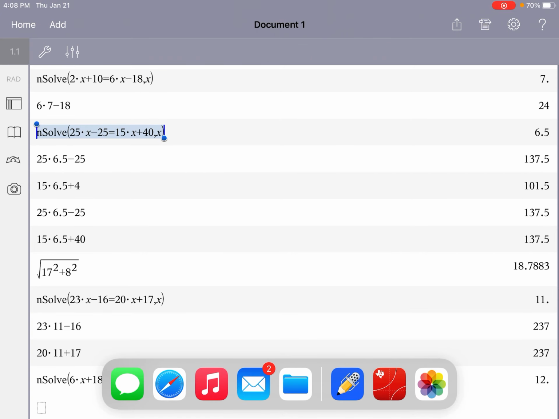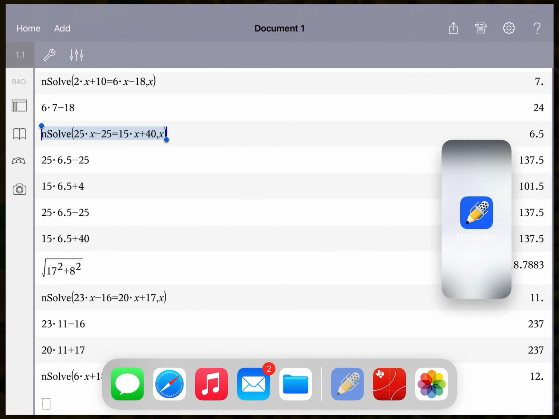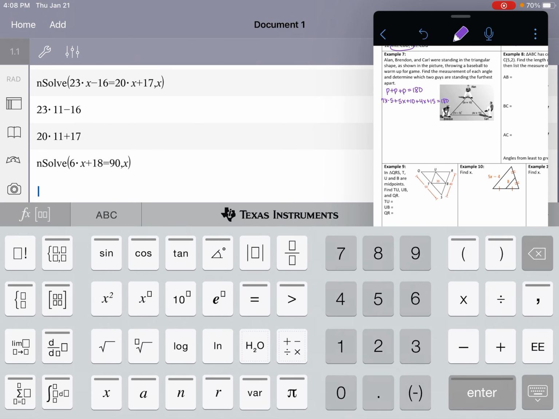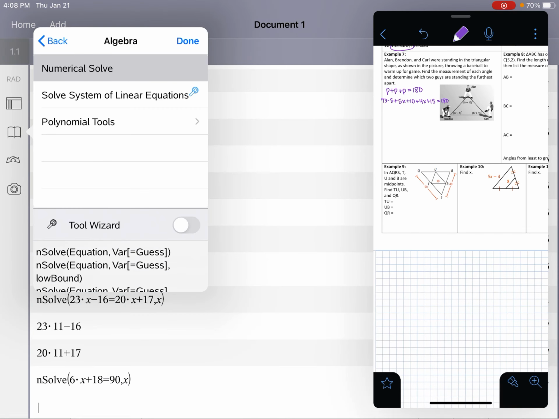Okay, I learned my lesson last time. I have to have the calculator open first. All right, so let's put that at the bottom. Okay, so we have 7x minus 5 plus 5x. First of all, where is my nSolve?